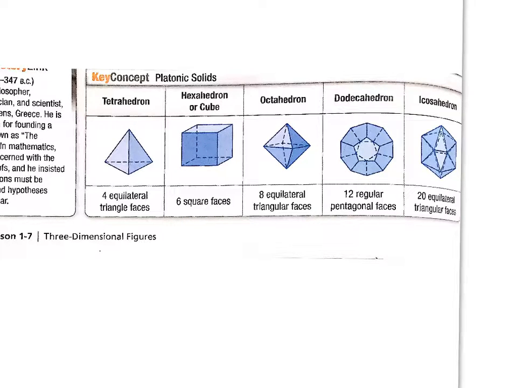Squares are regular polygons because all the sides and angles are equal. Octahedron, made up of 8 equilateral triangles. Dodecahedron, pentagons, and then icosahedron, 20 equilateral triangles. So again, just some different names, things that you'll have to just kind of learn for your state test. They may refer to a tetrahedron, so you need to know what it looks like and how it's made up.